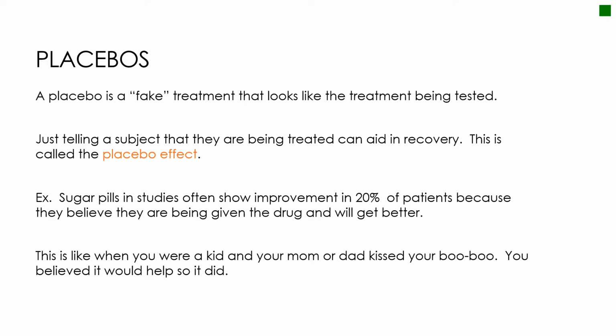Just telling someone that they're being treated can, in fact, aid in recovery, and that is called the placebo effect. Sugar pills often show a 20% improvement in patients because they feel like they're getting a drug that's going to help them feel better, and that causes them to feel better. It's like when you're a kid and your mom kissed your boo-boo. It didn't actually take away any of the pain, but you believed it would help, and so it did.